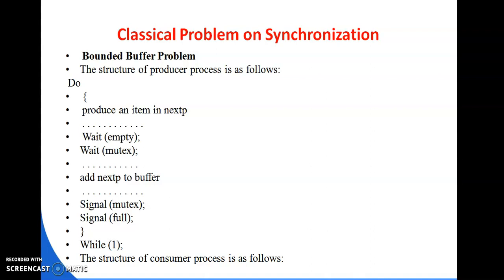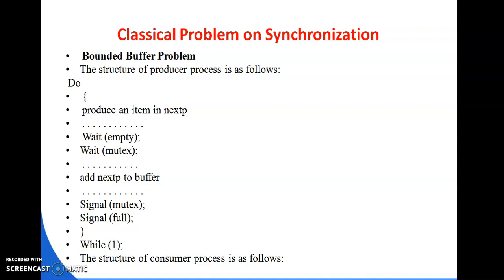The mutex, or mutual exclusion semaphore, provides mutual exclusion for access to the buffer pool and is initialized to the value 1. The empty and full semaphores count the number of empty and full buffers respectively. The semaphore empty is initialized to n and the semaphore full is initialized to 0.